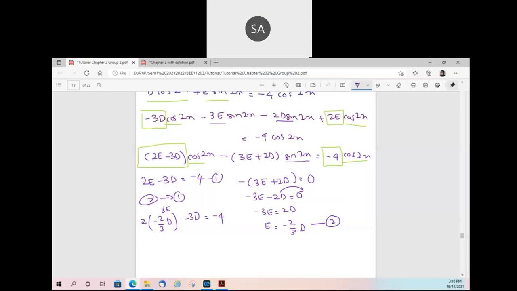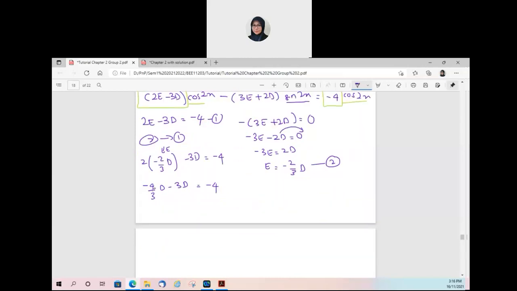Okay. So, this one will be ini darab ni. Minus 4 over 3D, minus 3D equals to minus 4. Okay. Selesaikan yang ini. Minus 4 over 3D minus 3D. You dapat?